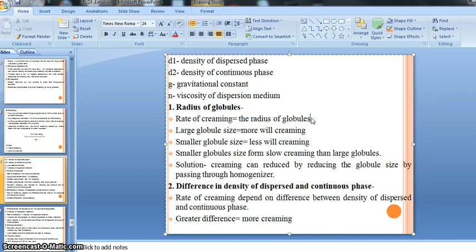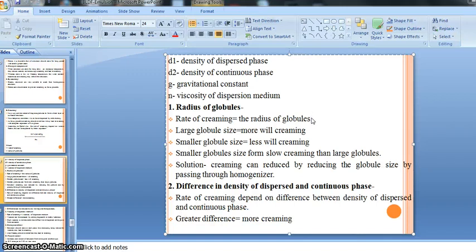And when the radius increases, in simple language, if our globule size is large, the chances of an increased rate of creaming are also higher. The rate of creaming is directly proportional to the radius of our globules. If the radius decreases, our rate of creaming also decreases, and if our rate of creaming is less, the chances of creaming are also less.